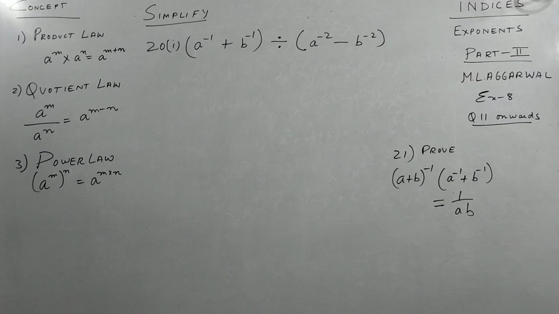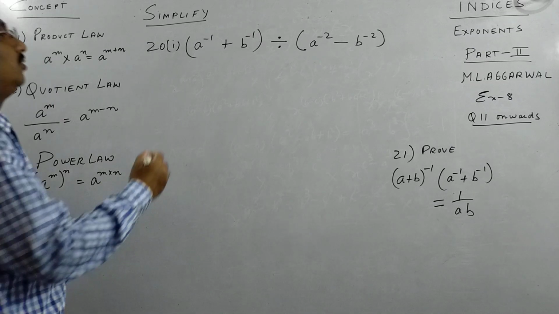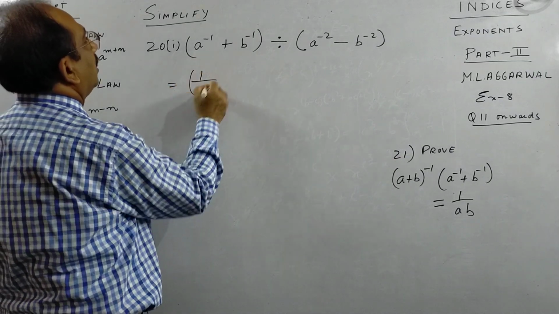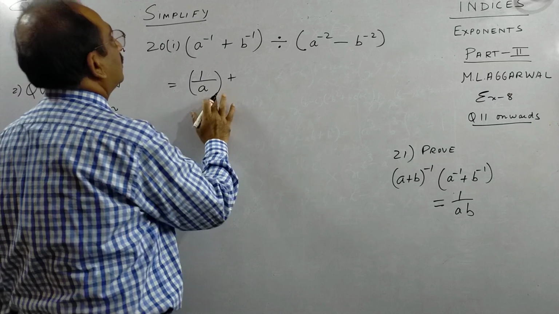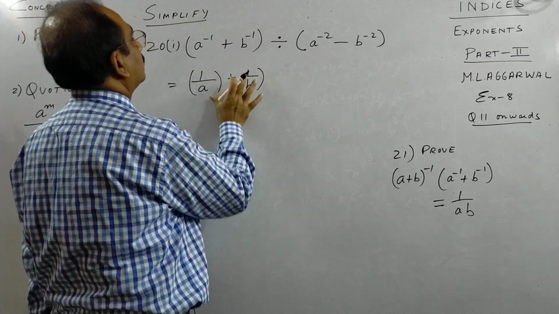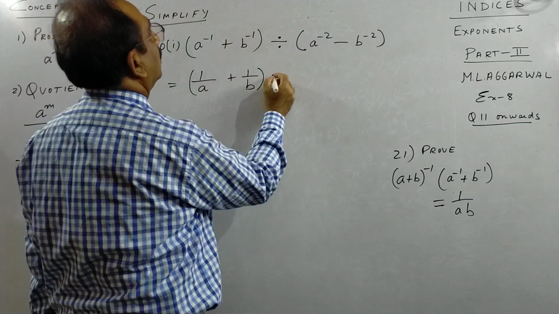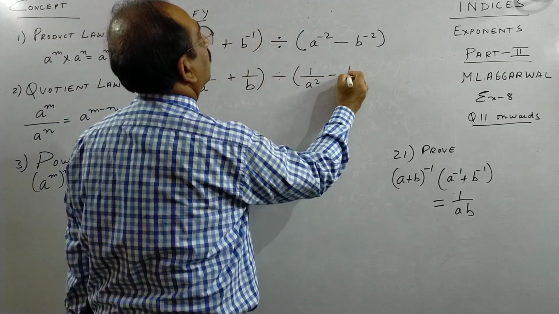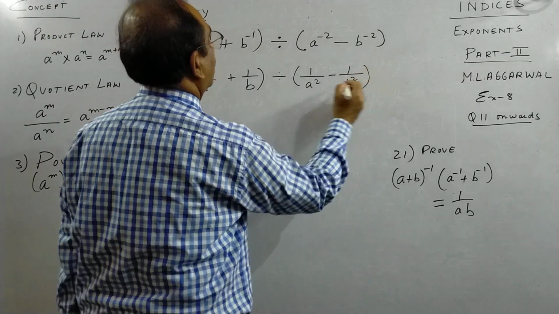So we go to the next question, that is question 20 part 1. So we see here, we can write this as 1 by a plus 1 by b divided by 1 by a square minus 1 by b square.